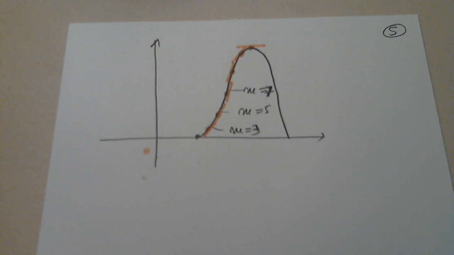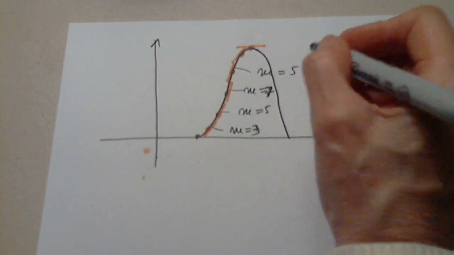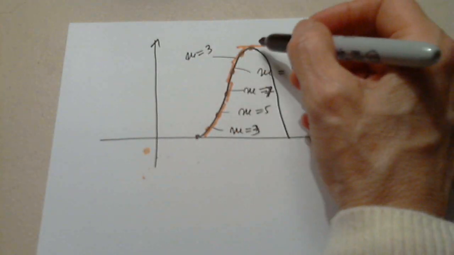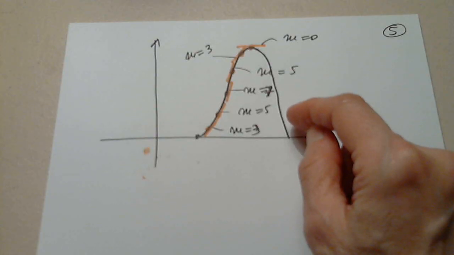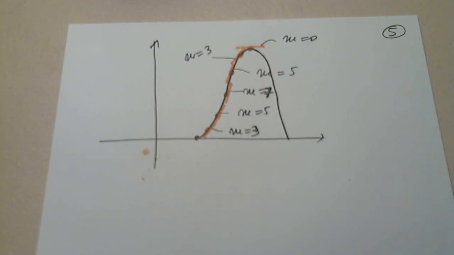The next one, look what happens here. This one starts decreasing. m equals, let's say, 5 again. The next one is even slower, so let's say m equals 3. And this one is m equals 0. The slope tells us how fast the increase is. Which 10-year interval sees the fastest increase in the incidence of breast cancer per 100,000 women?